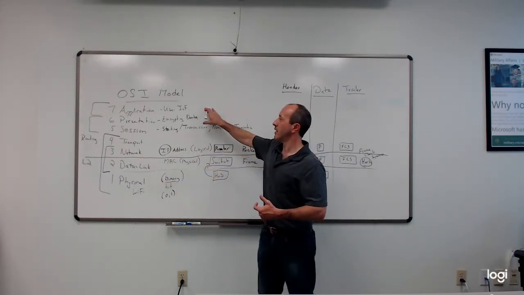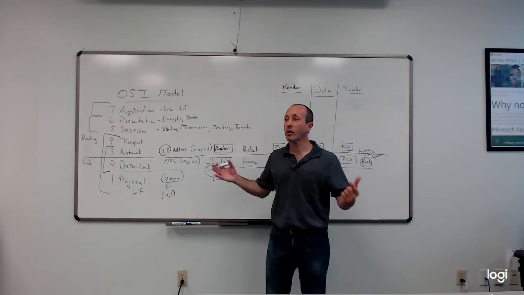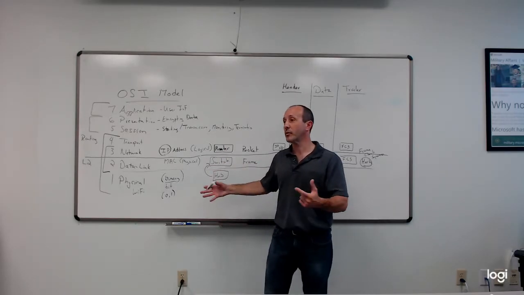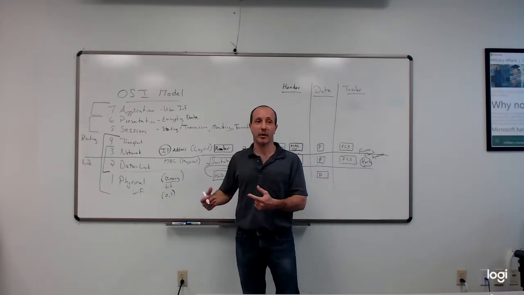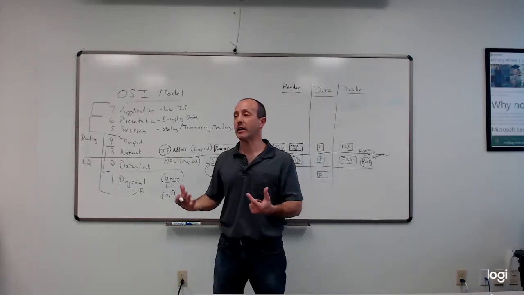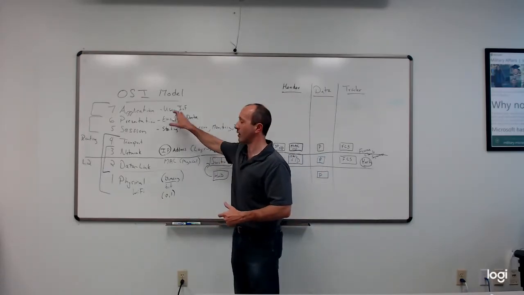Like, where am I going to store all this stuff? Where am I going to put all my data, right? So we need storage. We need to be able to access that storage. So we need to be able to create folders and shares and things like that. This is all up here.